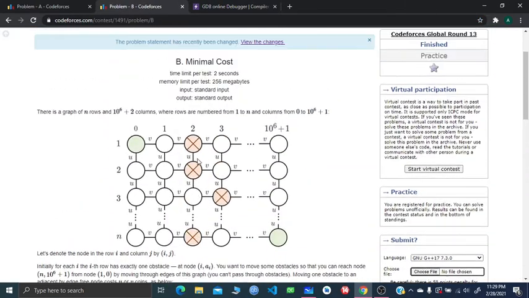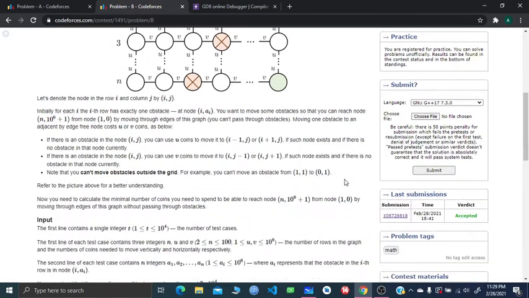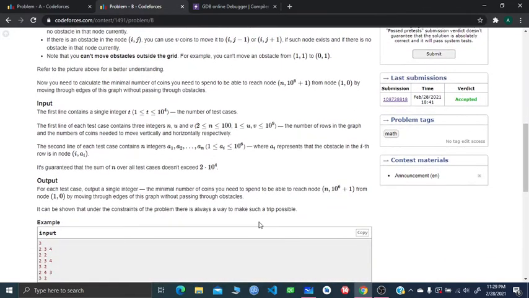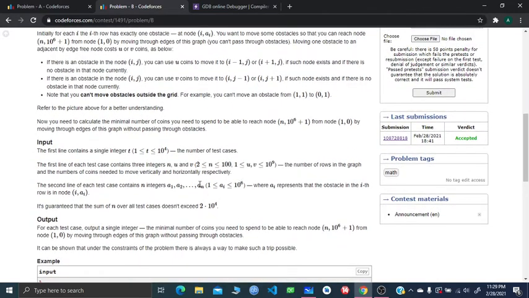In this problem you just have to read the statements very carefully. I made a mistake in this problem by not paying attention to the constraints.